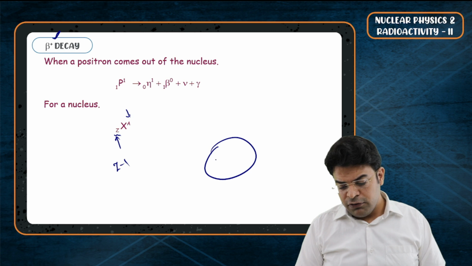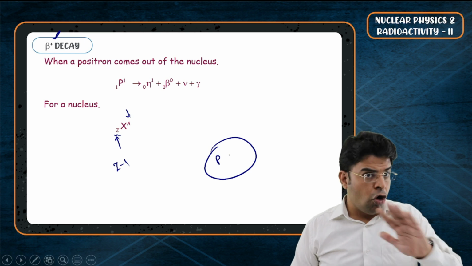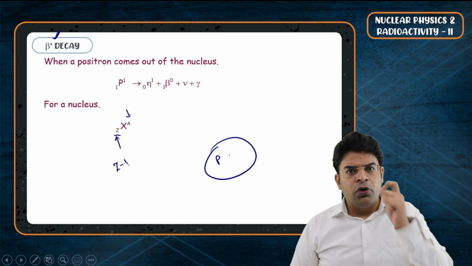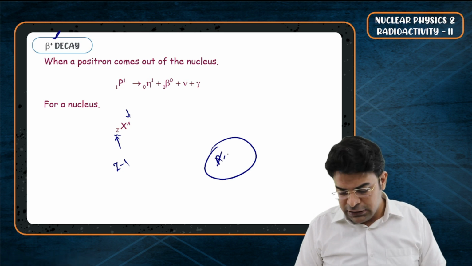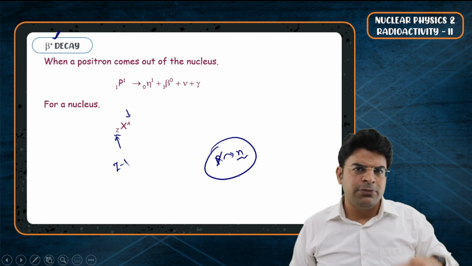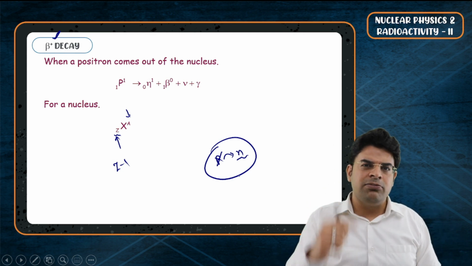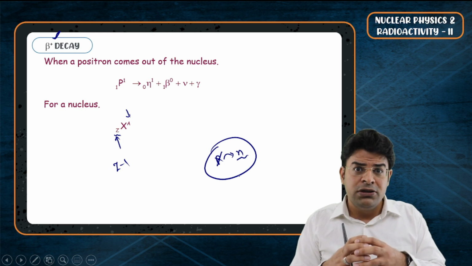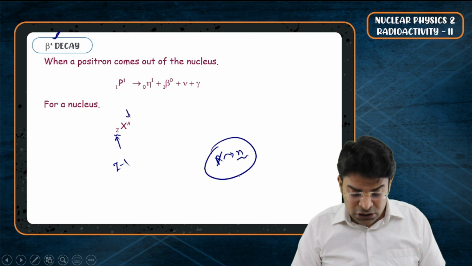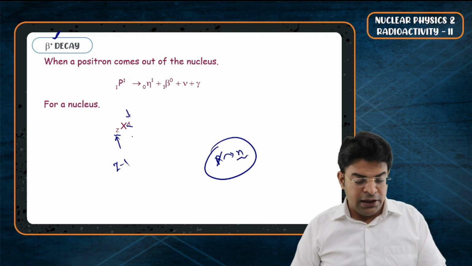Sir, one of the protons inside the nucleus, no ordinary proton, a highly energetic proton, converts into a neutron. No doubt the number of protons decreases by 1 and the number of neutrons increases by 1, but the number of nucleons, the sum of the number of protons and neutrons, remains the same. So the mass number will remain the same.